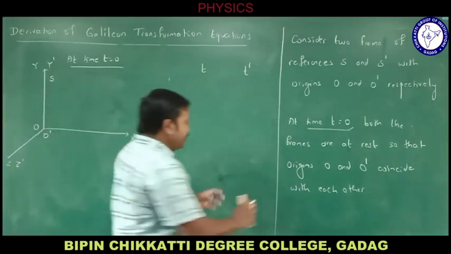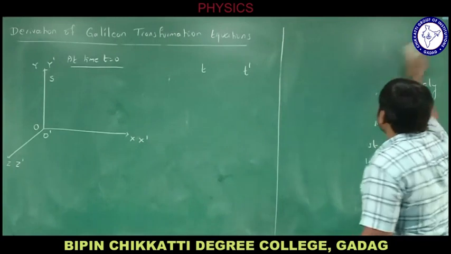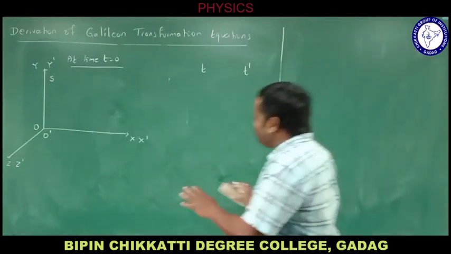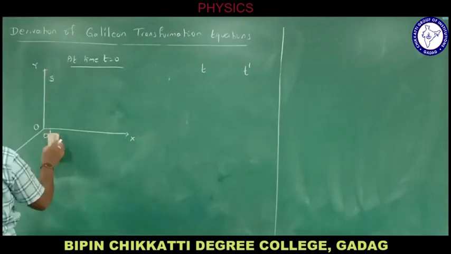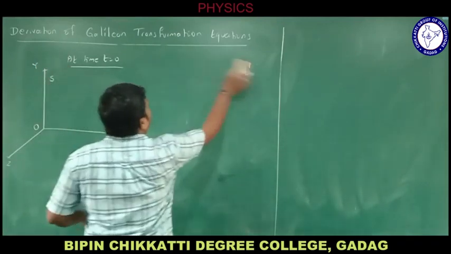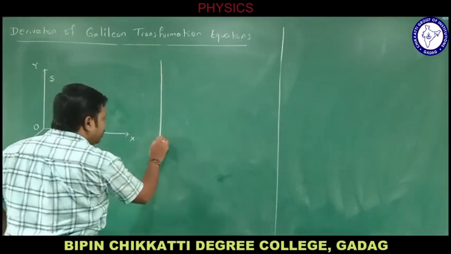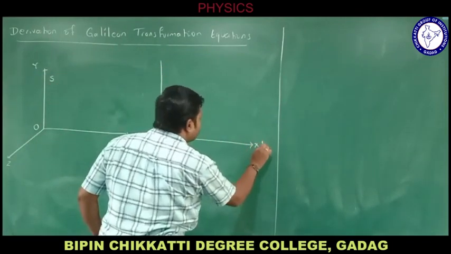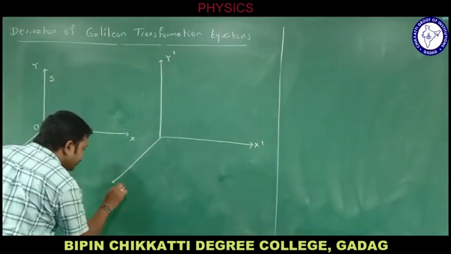Now, when time elapses, what happens now here, right? As the frame is moving, let me consider this frame is moving. Now it is not at this position. Now the frame is moving. Let me consider this frame is moving, and that frame comes to this position. Let me consider this frame is moving and it comes at this position x dash, and let me consider y dash, and let me consider z dash.